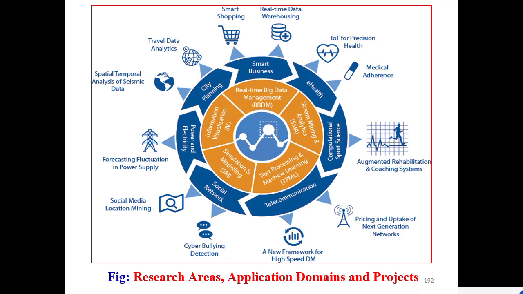This diagram explains, if you see the inner circle, we are generating visualizations and graphs. Then the yellow marks, if you observe: real-time big data management, RBDM, sentiment stream mining and analytics, SMA, text processing and machine learning, TPML, simulation and modeling, then information visualization.